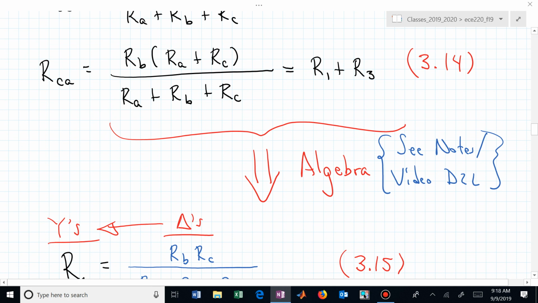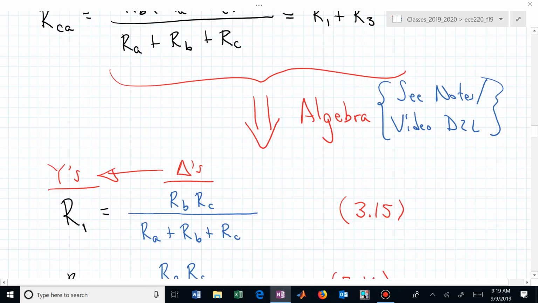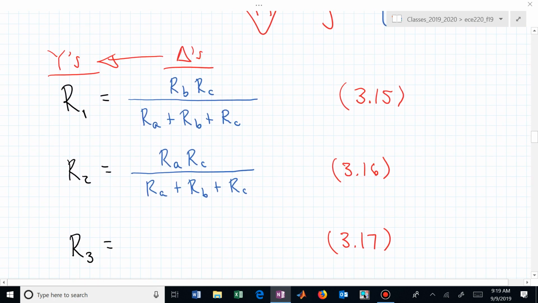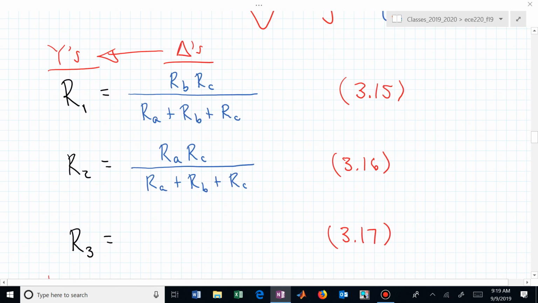But I still talk about Z sub A, Z sub B, and Z sub C. They're in the exact same location, and correspondingly Z1, Z2, Z3. You just think R's instead of Z's when watching. But if you now do the algebra, here is what you will end up with.